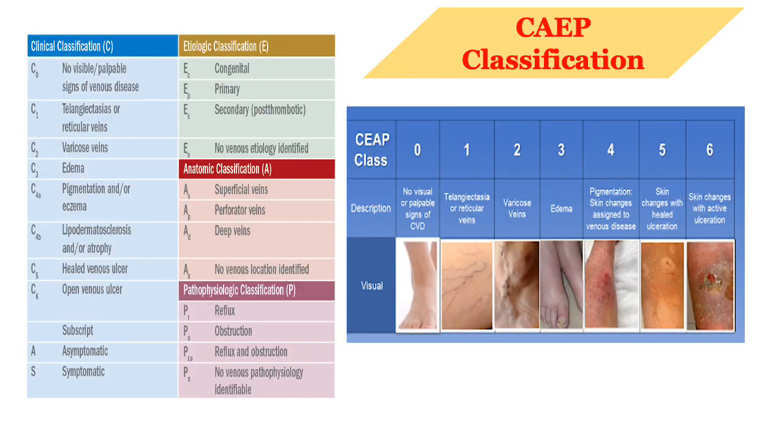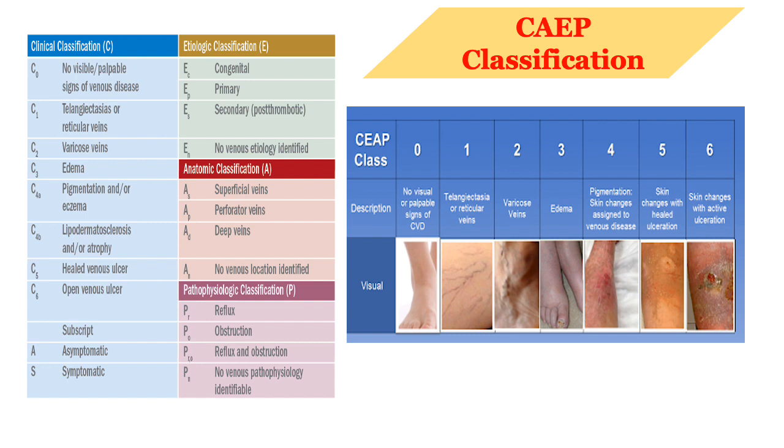Now, classification of chronic venous insufficiency. As I said in the previous lecture of varicose veins, CEAP classification is the universal classification used to classify venous disorders in general, whether varicose veins or CVI. Clinical, etiological, anatomical, and pathophysiological classification.